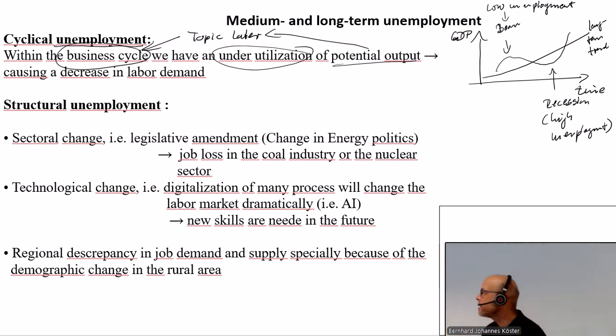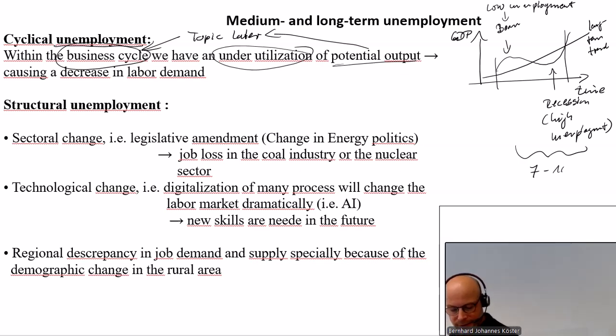And since we see this also in the data, we find that the overall business cycle is roughly 7 to 10 years, and then half of it you see this period of cyclical unemployment between 1 to 3 years. This is due to the overall period of one business cycle.